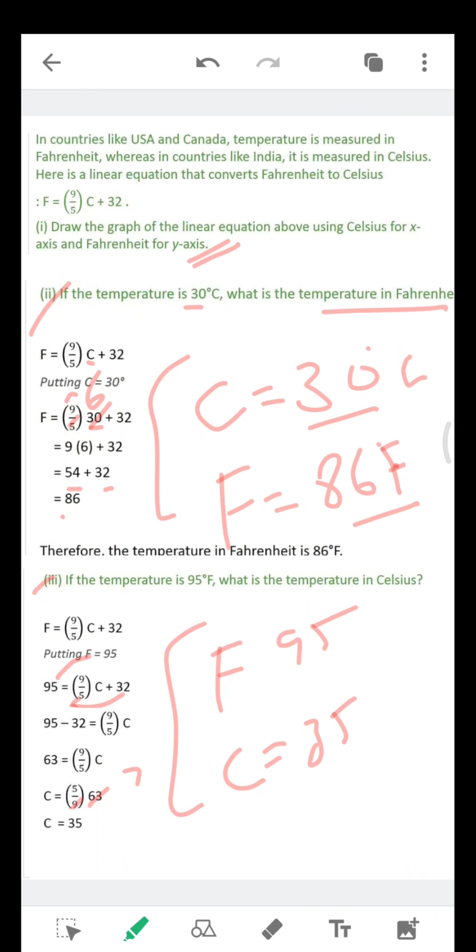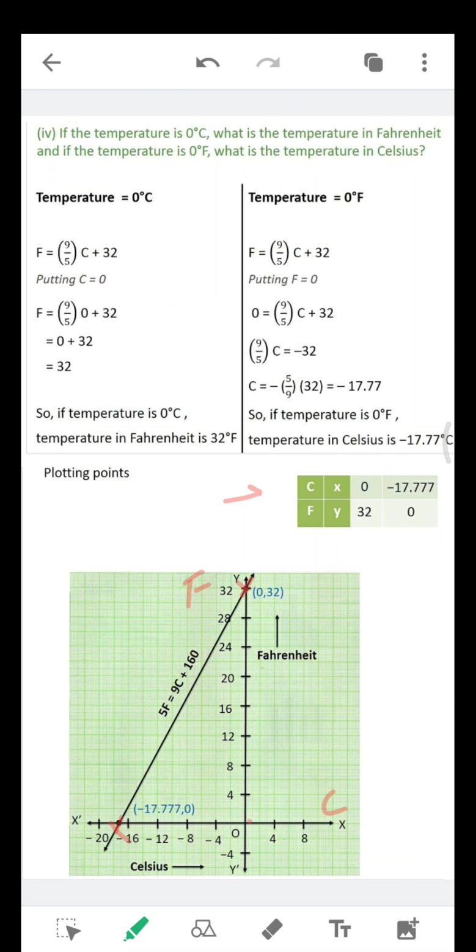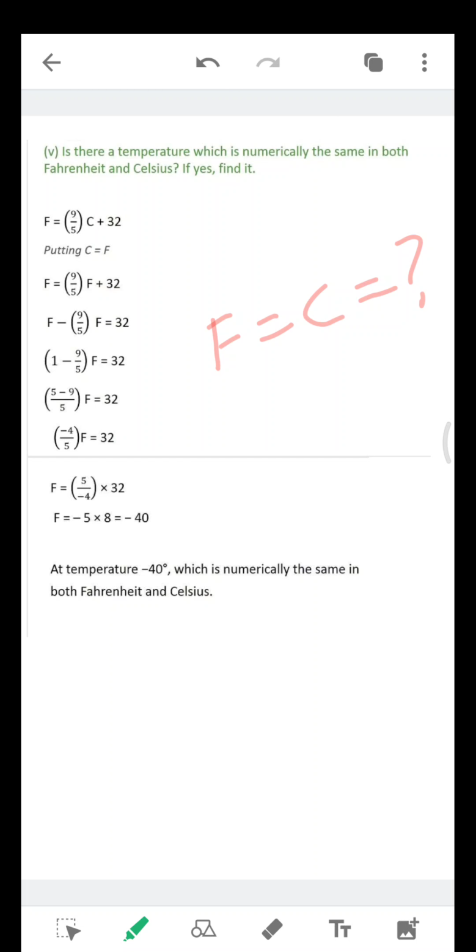If Fahrenheit is 95, Celsius is 35. Okay, there is a change. If Celsius is 0, Fahrenheit is 32. If Fahrenheit is 0, Celsius is negative, so there is always a difference in the values. But is there any temperature, he is asking. Very interesting question. Is there any temperature at which both the scales show the same units?